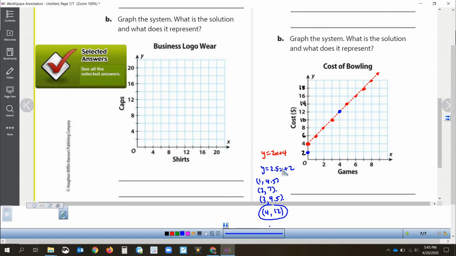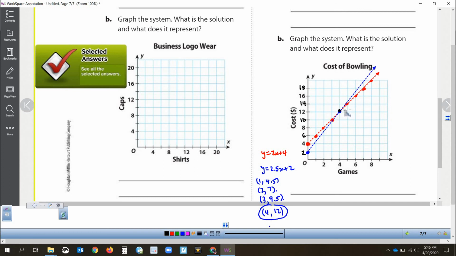So just a quick check here, right? 4 times 2.50 is going to be 10. 10 plus 2 is 12. And hey, that happens to be my point of intersection. So I'm going to make this one blue, and I'm going to connect those points there as carefully as I can. All right, so you can see the cost is lower for the second one until we get to here.